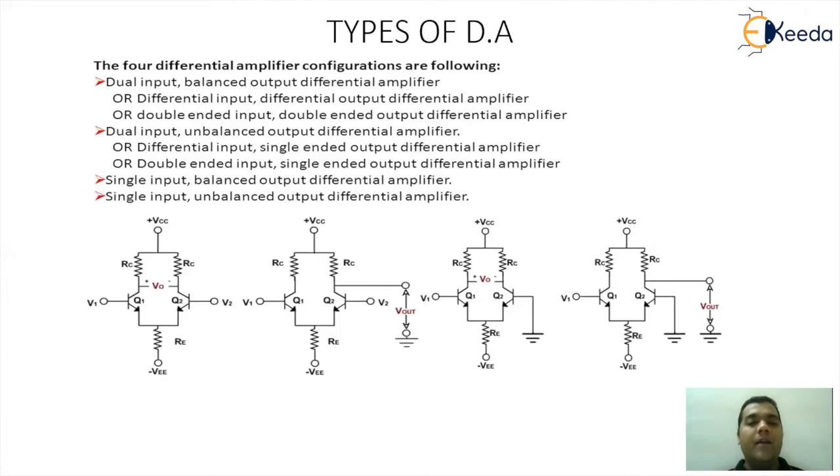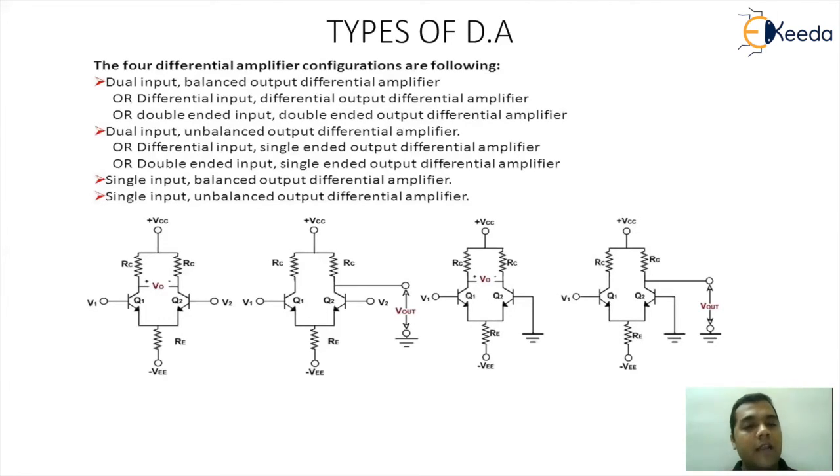So overall, the definition of the four types of differential amplifier comes from the circuit diagram. You can easily look at the circuitry and comment on which category it falls into. So remember, there are in all four types of differential amplifier in terms of balanced and unbalanced: balanced input, balanced output; balanced input, unbalanced output; unbalanced input, balanced output; and unbalanced input, unbalanced output.